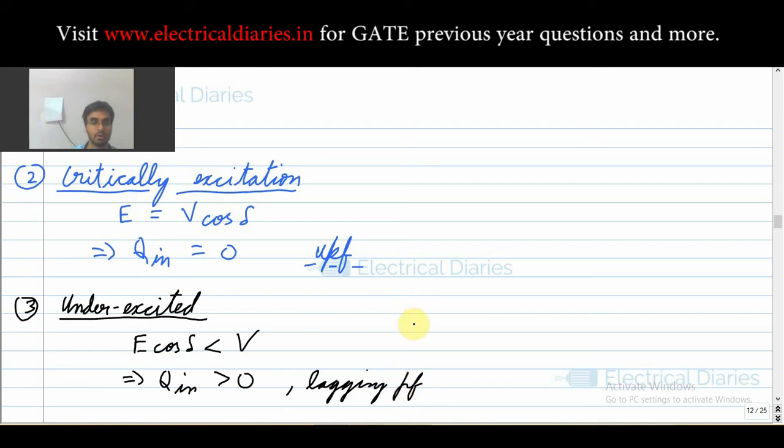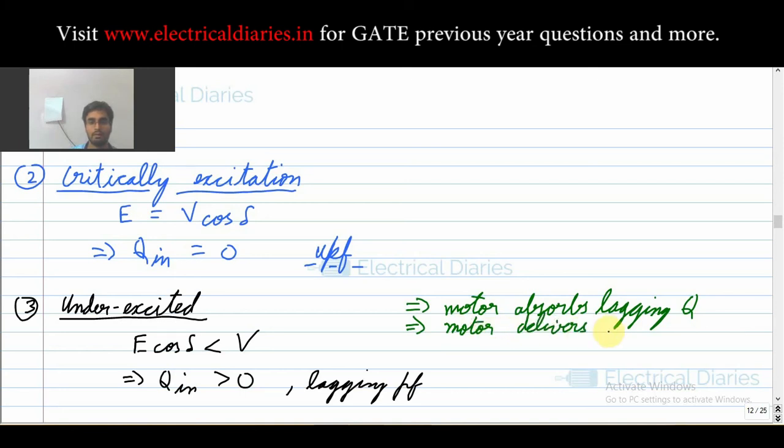So this means that motor is absorbing lagging Q. So this implies that motor absorbs lagging Q, and this also implies that motor delivers leading Q. And we all know which is the element that absorbs lagging Q, that is our reactor, that is your inductor, or we can say that your motor acts like an inductor. Okay, so are you getting the analogy?